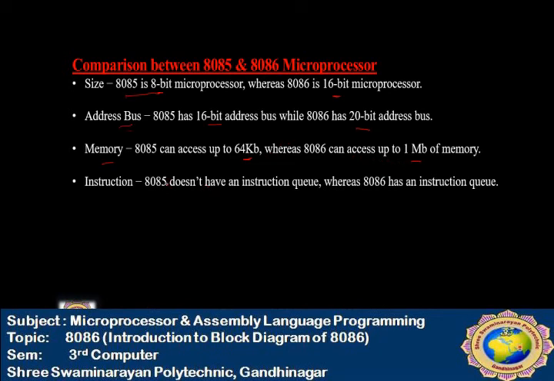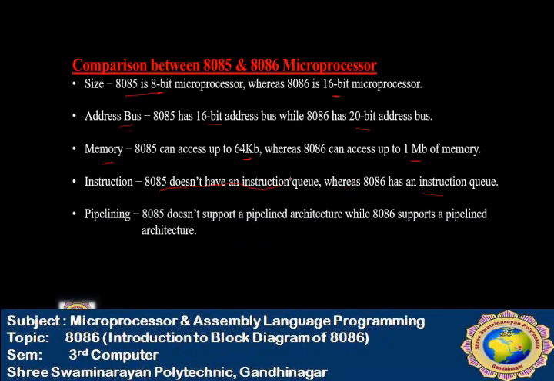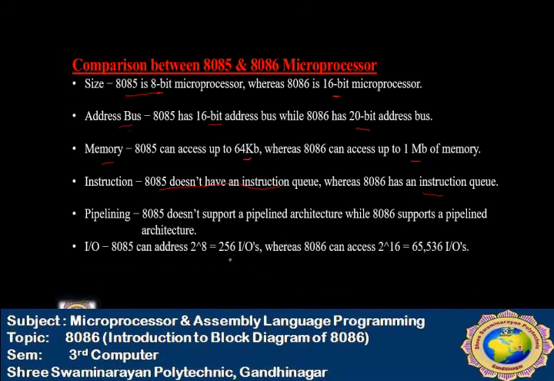Then instruction queue. The 8085 does not have any instruction queue; here the additional feature is the instruction queue. Also the 8085 doesn't support pipeline architecture, while the 8086 does. We will discuss pipelining and the instruction queue in detail later. For input output, the 8085 is an 8-bit microprocessor, so 2 raised to 8 means 256 input outputs, and here there are 64 KB of input output.